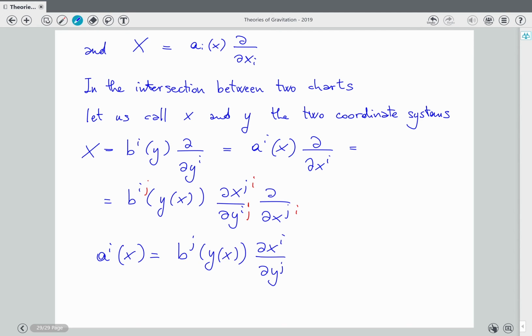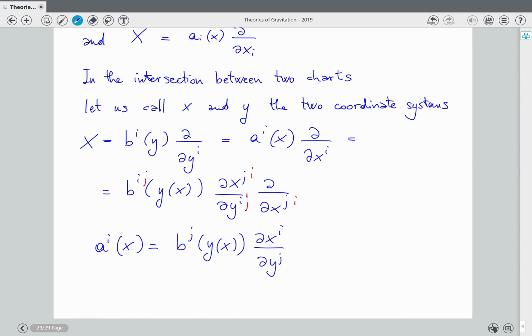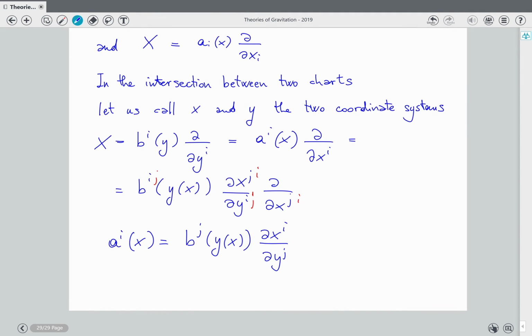Okay, this is the transformation rule, or you can write b_i,y of x equals a_j of x, d over d. So now y is above and x is below.